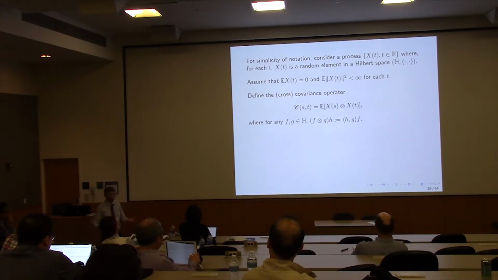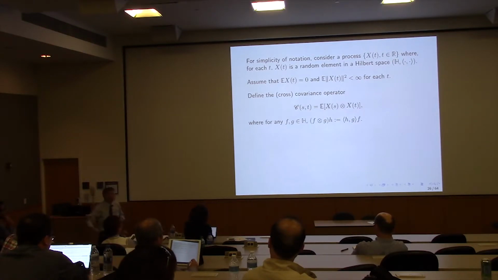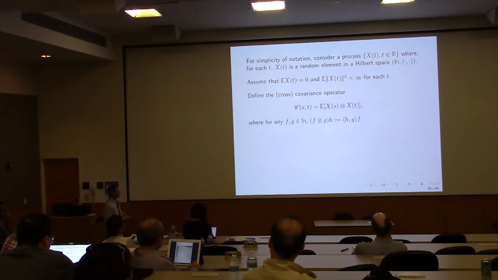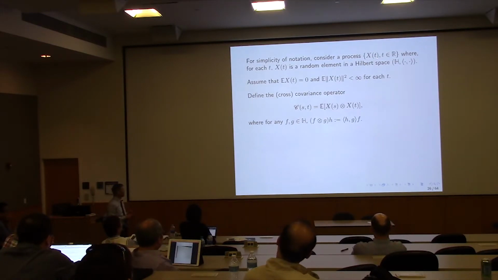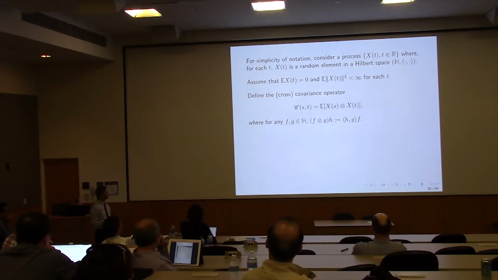So let's say we have a process indexed by R. Now in our problem, it's really indexed by R raised to many powers. But let's just make life simple and consider a class of processes indexed by T. So for every T, X_t is a function. It's called a random element in Hilbert space.